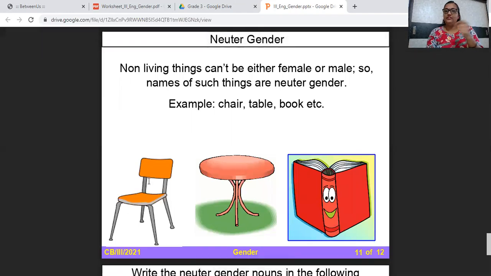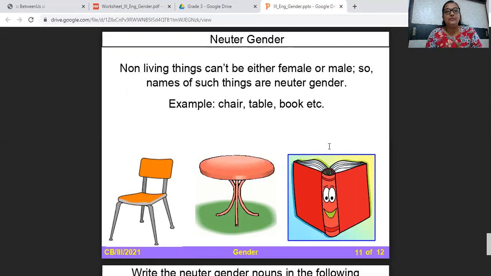It's the name of a thing, so we cannot identify a non-living thing as male or female. And next one is table, book. Many examples: table, chair, blackboard, whiteboard, fan, light, pencil, paper. All the non-living things are denoted as neuter gender.